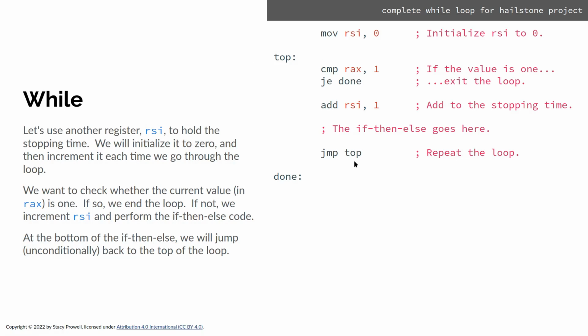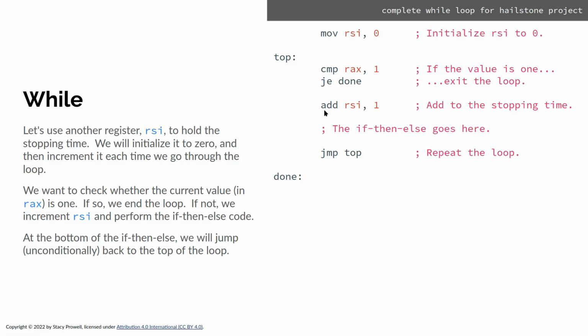It's a while loop, so we're going to run until RAX is 1. So the first thing we do up here is we compare RAX to 1. And we jump if it's equal to done. So we see is RAX, our current value, 1. If it is, jump down to done, and we'll exit down here somehow.